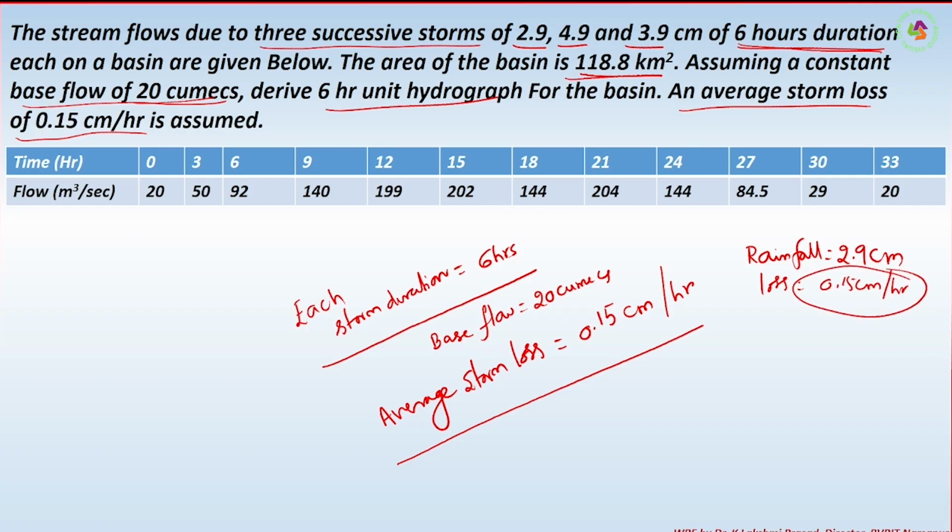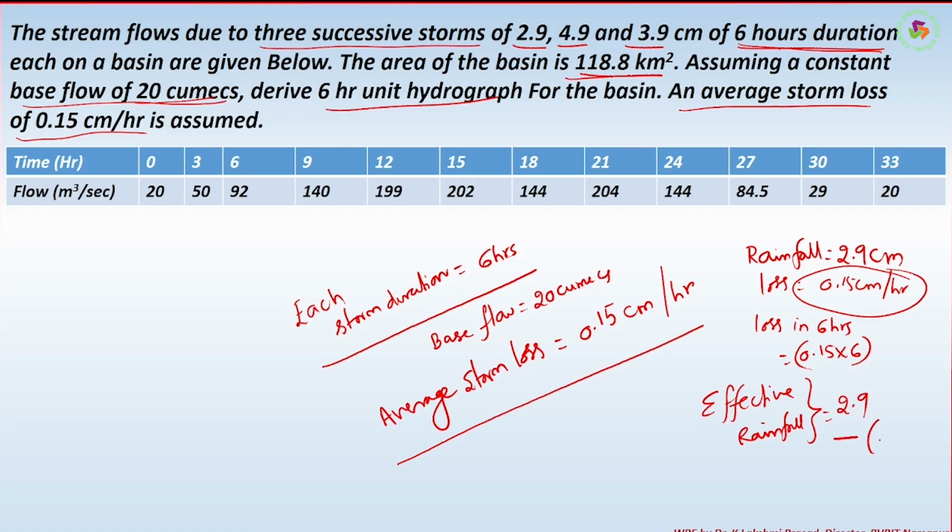How many hours is this first storm? 6 hours. So what is the loss in 6 hours? 0.15 into 6. So now effective rainfall is how much? 2.9 minus 0.15 into 6. 0.15 into 6 is 0.9. So 2.9 minus 0.9, 2 centimeters.